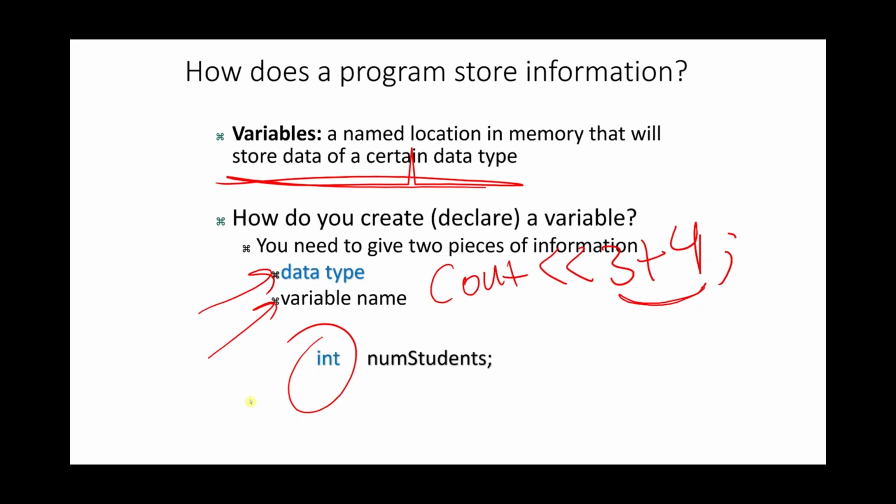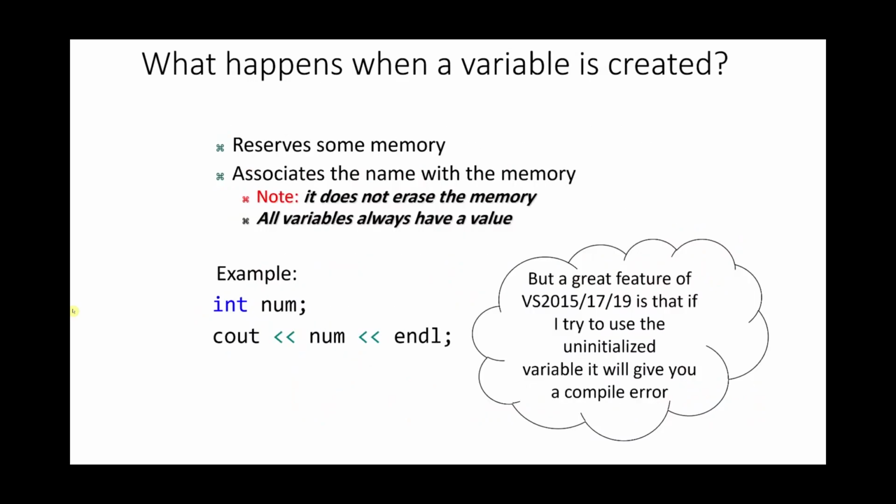You have seen that in CS 110 or Engineering 121 if you're an engineering student. We create a variable name, int number of students, for example. Then later I can say num students equal 13. I have 13 students. Now I stored my number of students in num students.